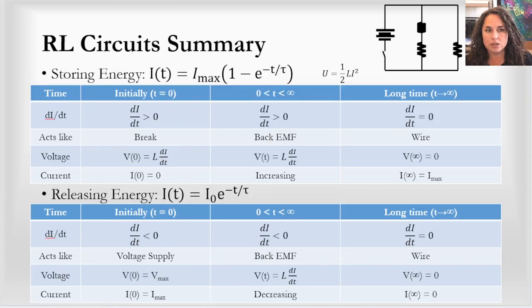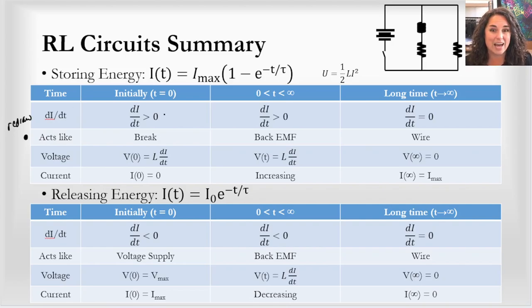I created this summary slide for you, so you might want to take a screenshot or write it out into your notes so that you have it for when you're solving problems. Again, an important row for me is "acts like." I'm going to redraw my circuit. Always redraw your circuit so that you're representing what's actually happening, the relevant parts of your circuit.